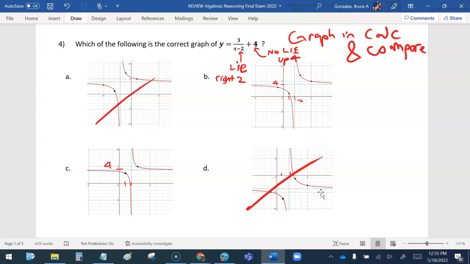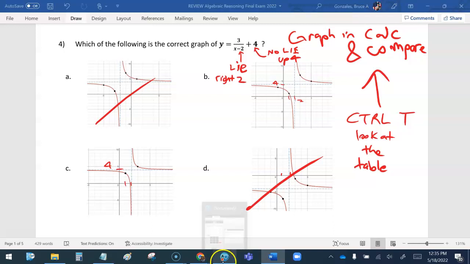Now, if you were to graph this in the calculator, okay, it would look like either B or C. So you want to do Control T to look at table and see if we can find either this point or this point. Okay, so let's do that.